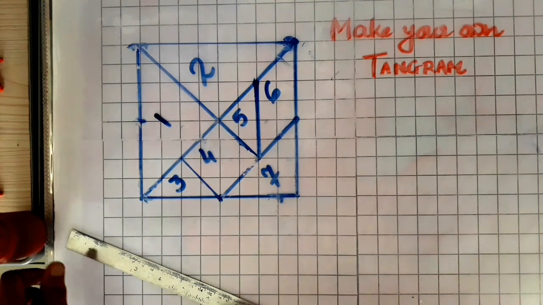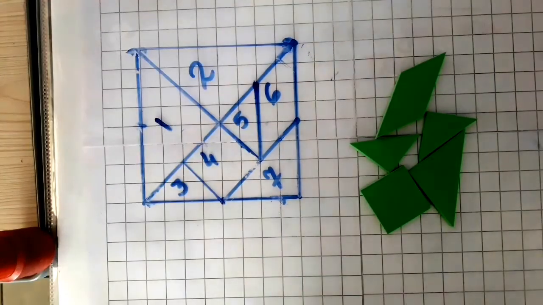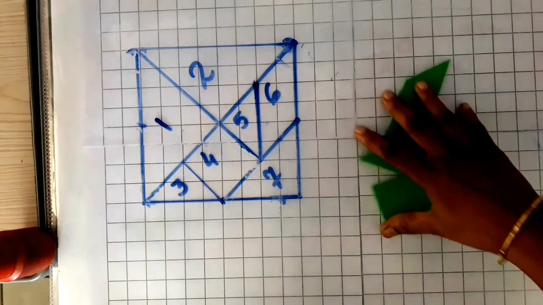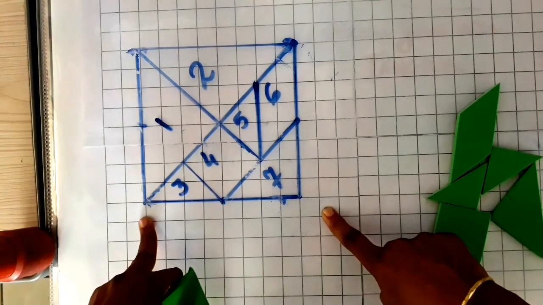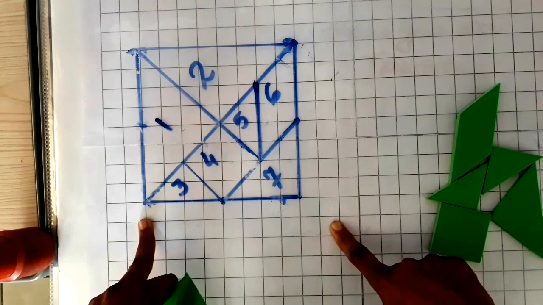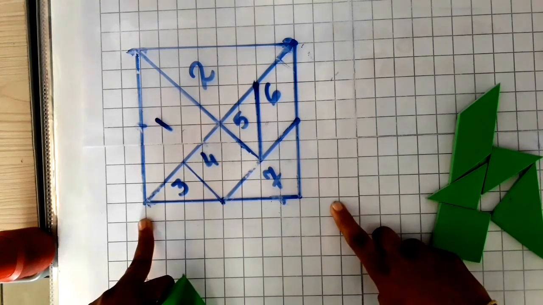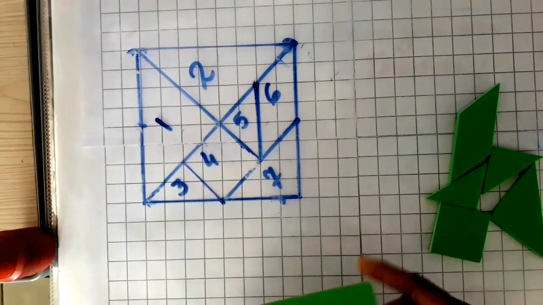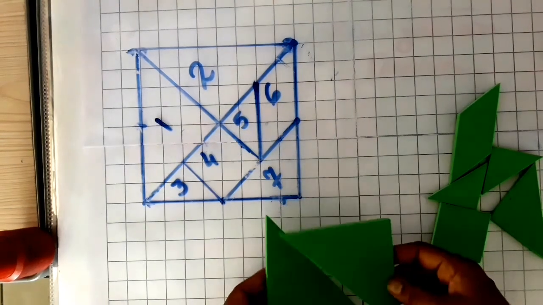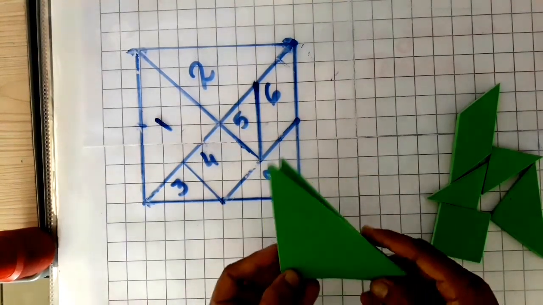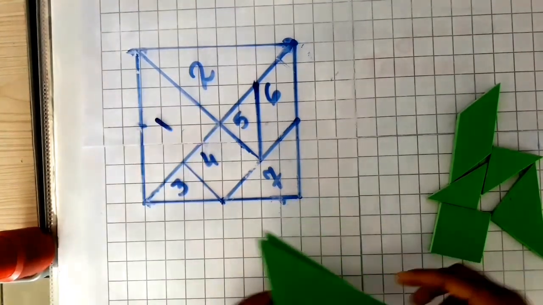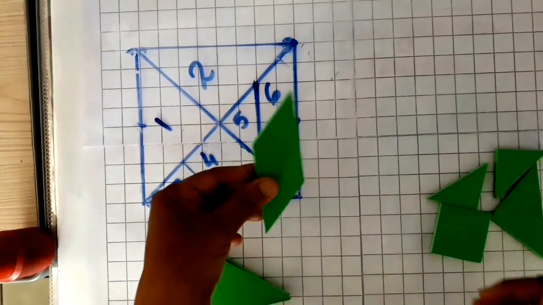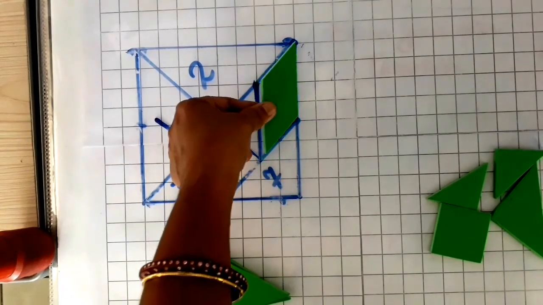So let's proceed now. Okay children, now before making sea creatures, let us see here, when the drawing is cut along the lines, you will have 7 shapes, right? In that you will see 2 congruent triangles, which are this one and number 2. Then one will be your parallelogram, which is this one.